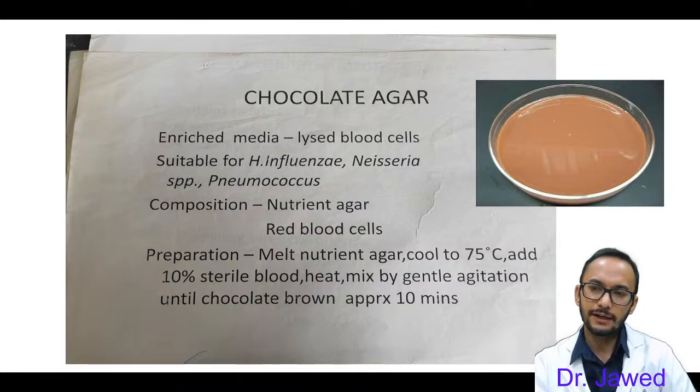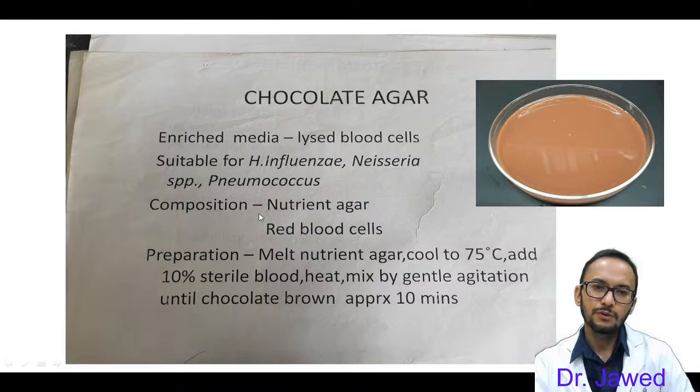So chocolate agar is another type of enriched media. It is more enriched than blood agar because the RBCs are lysed by keeping it at a higher temperature. So this is used for fastidious organisms like H. influenzae, Neisseria species, and pneumococcus, which are more exacting in nutrition and do not grow in blood agar.